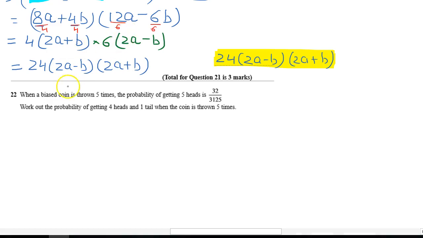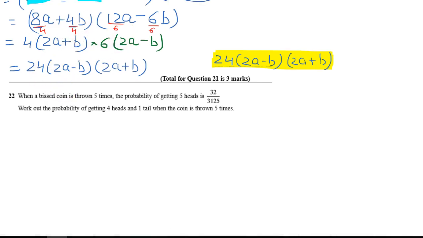This question is, when a biased coin is thrown 5 times, the probability of getting heads. So we have head and we have tail. The probability of getting 5 heads is 32 over 3125. So what is the probability of getting 1 head?